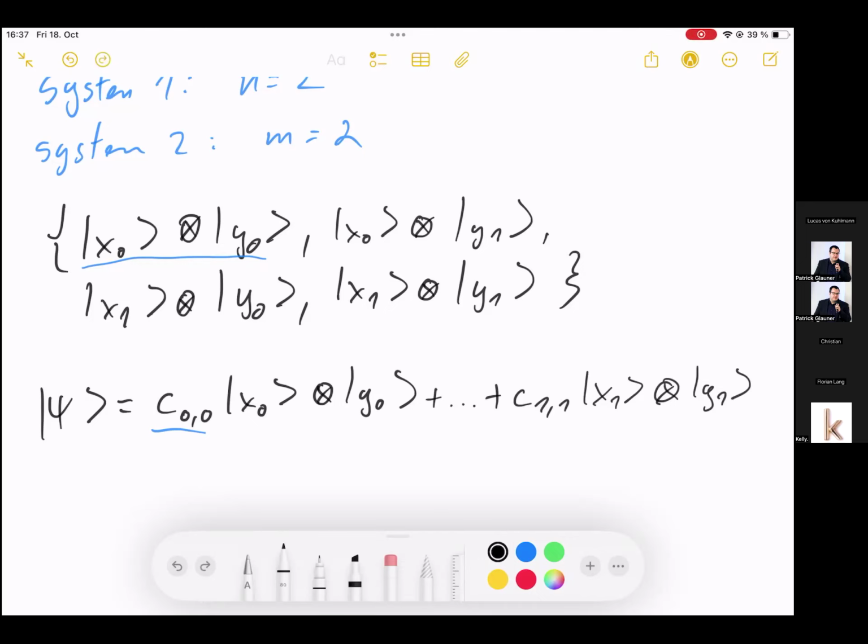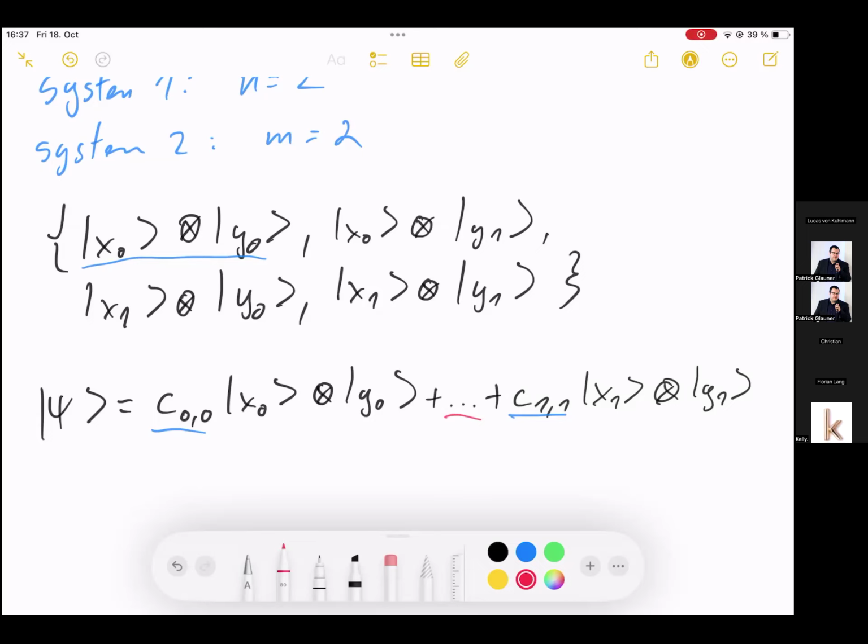And this dot, dot, dot refers to the two other components. So this is what our state psi cat in this composite system would look like, and it's a superposition of those four basic states, which are the tensor products of the basic states from the individual systems.